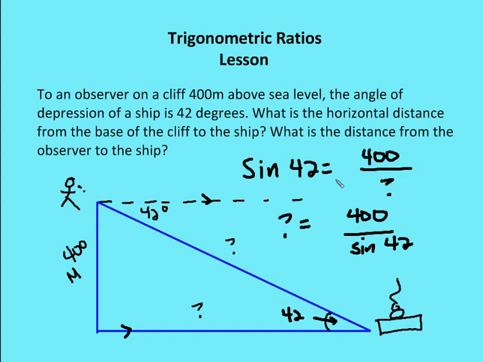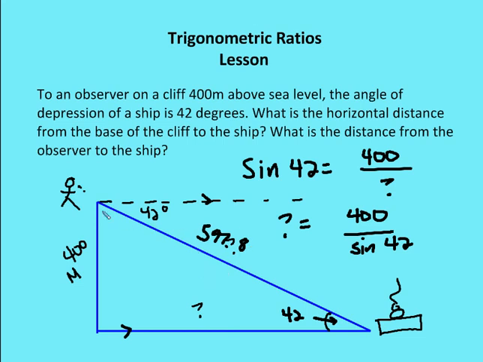So 400 divided by sine 42 gives us 597.8 meters as the distance between the observer and the ship.